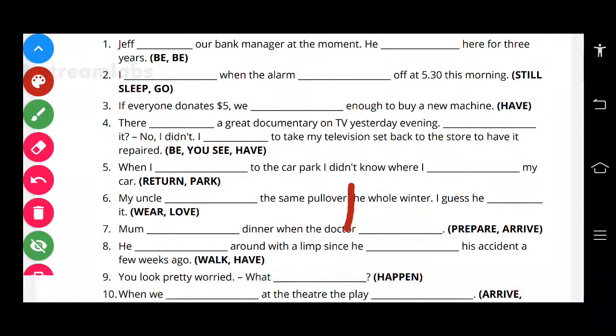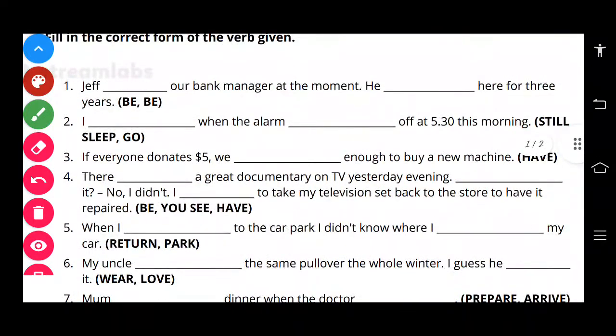Let us see the first sentence. Jeff dash a bank manager at the moment. He dash here for 3 years. So in the first one, at the moment. The phrase is telling that it is at the time of talking, so it indicates present.